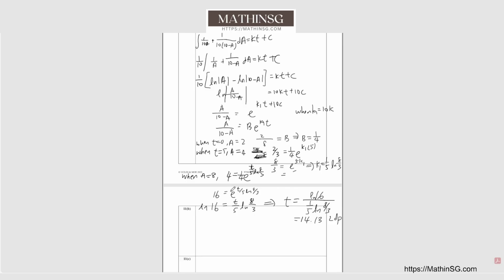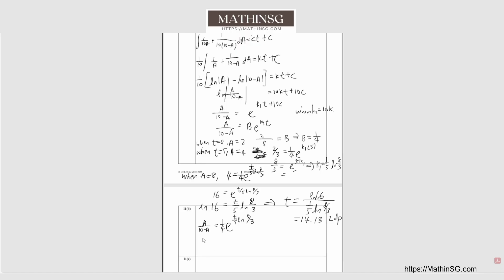So now we know that from part A, we have a over 10 minus a is equal to, where is it? This portion, right? So 1 quarter e to the power of, k1 is 1/5 ln 8 over 3, so it's t over 5 ln 8 over 3.